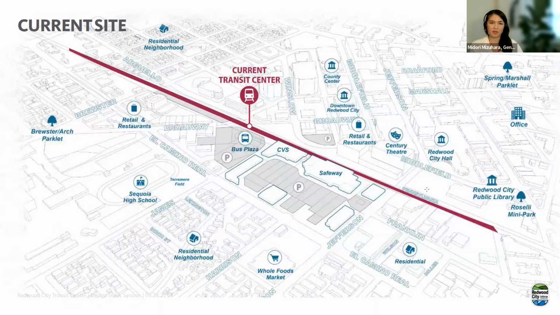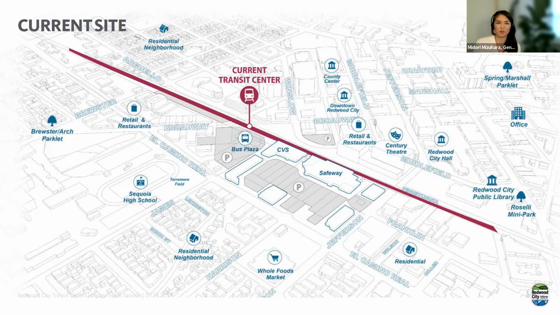So just a little bit of what Lindy was talking about in the intro. I think many of you might have seen this image before, but this shows the current site. And as you can see, the current transit center is located next to the bus plaza right here, and really surrounded by a couple very large parcels, a majority of which are surface parking lots currently, for those larger retail destinations.